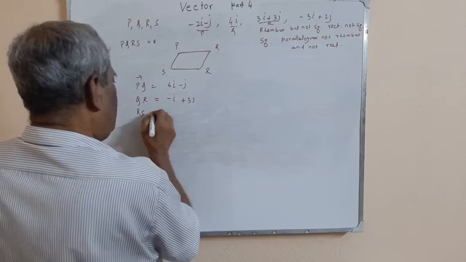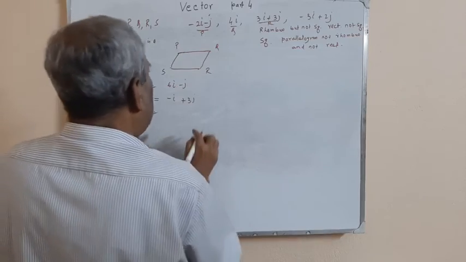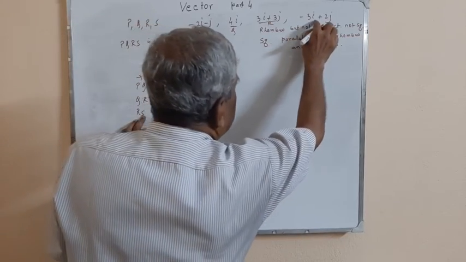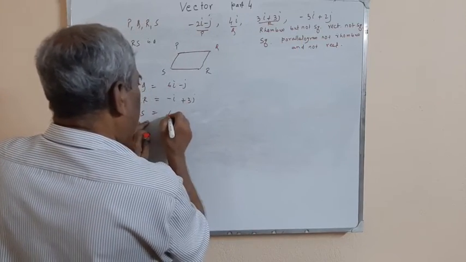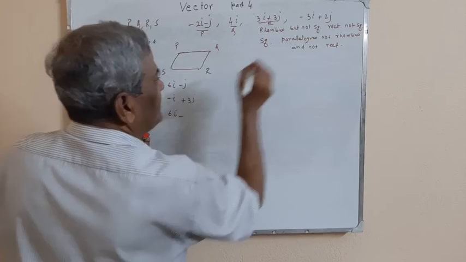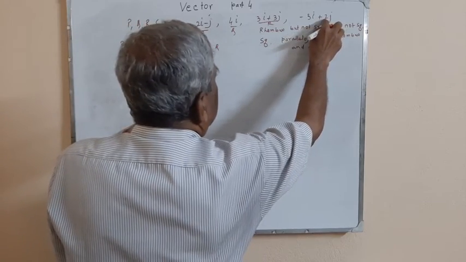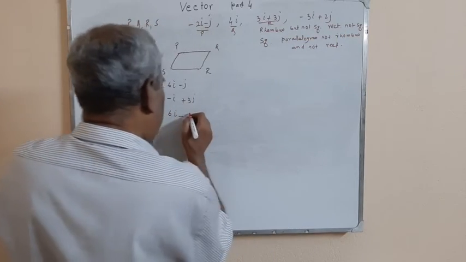RS vector is position vector of S minus that, that is 6i minus j.